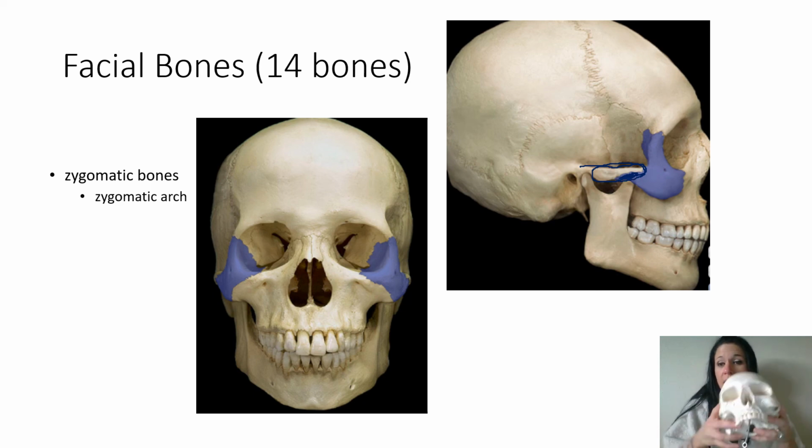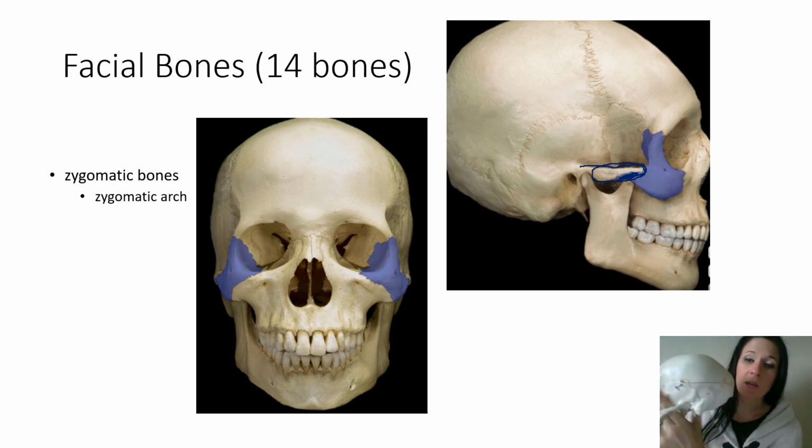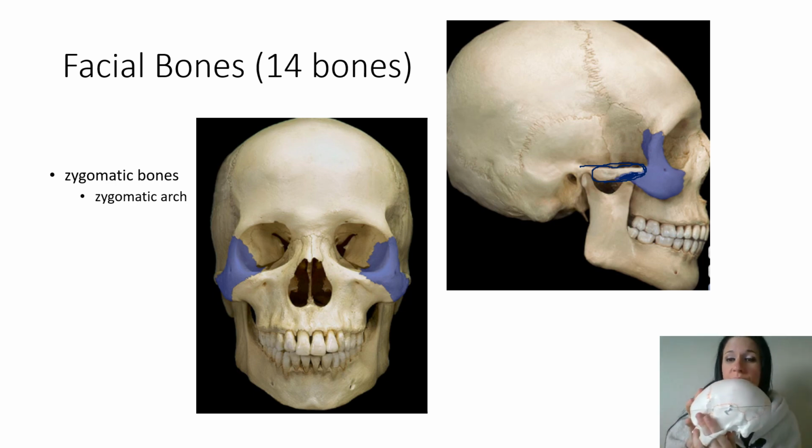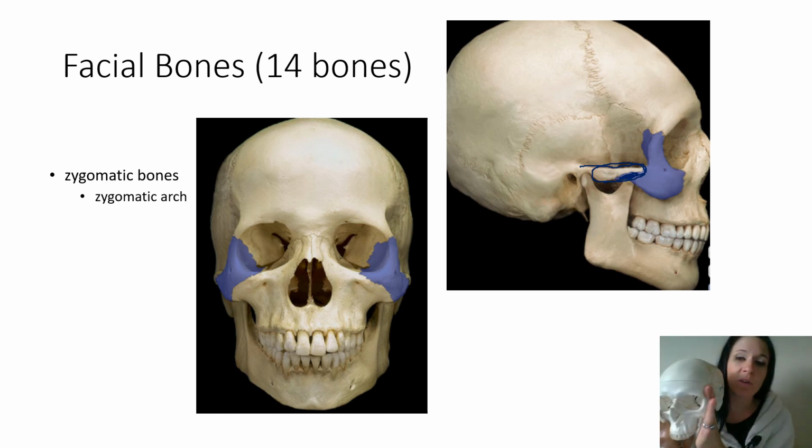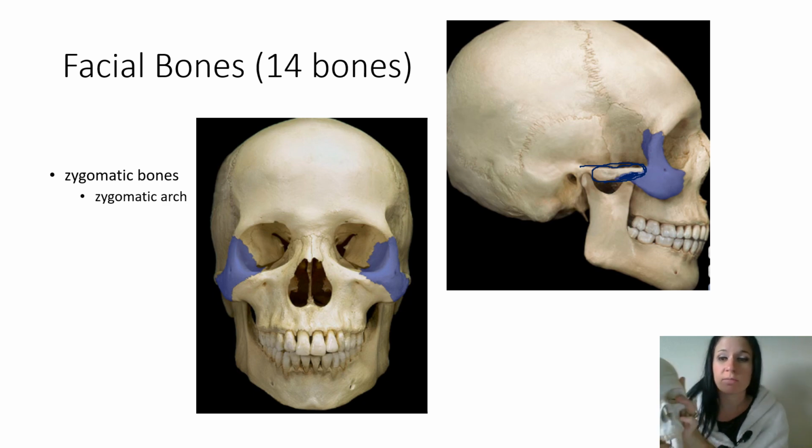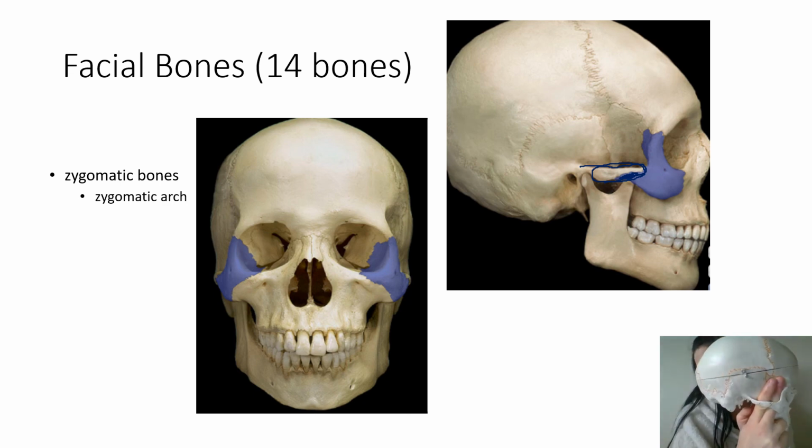Okay, so if you're looking at your skull, you can see here, it's this hook on the side of the face. So you can put both your fingers sort of through this arch, this bony structure, and that is the zygomatic arch. Okay, so it's just a process of the temporal bone and process of the zygomatic bone coming together to form this arch.